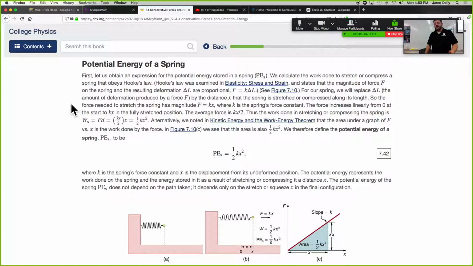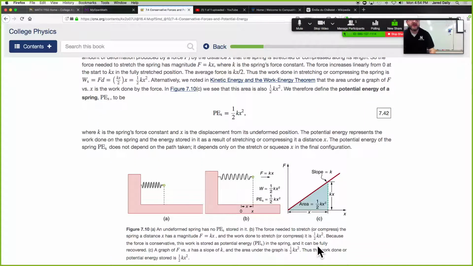And if you continue to stretch a spring and you put this on a force distance diagram, which remember is an energy diagram if you measure the area under the curve, this is what the force times distance curve looks like for a spring. You keep pulling on it, and you have to pull harder and harder to move it more and more and more. So it looks kind of like a triangle. And if you measure the area under here, the area is equal to 1/2 kx squared, which is actually going to be equal to the potential energy stored in the spring.